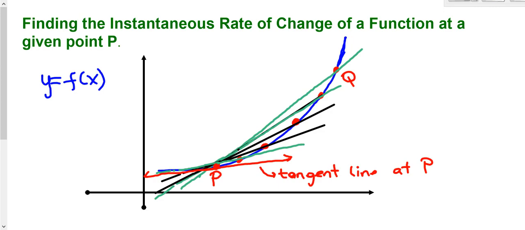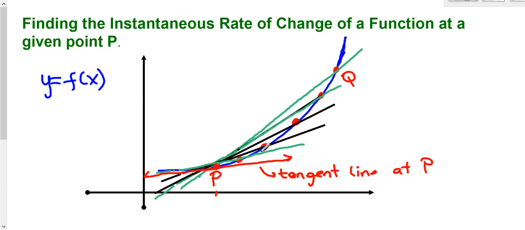All right, so let's quickly derive the formula, and then we're going to use it. Right now, let's try to generalize it to any function f of x. We're going to try to find the derivative of this function at the point P. So what we do is use what we already know. We know how to find average rate of change. First, we're going to find the average rate of change between P and Q. And from there, we're going to let the point Q get closer and closer.